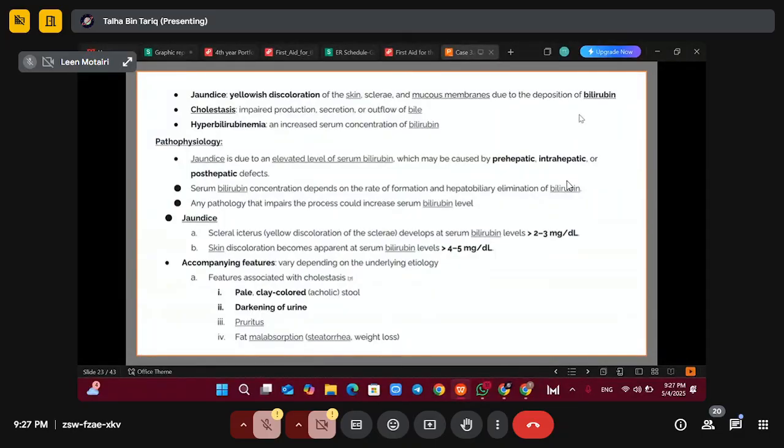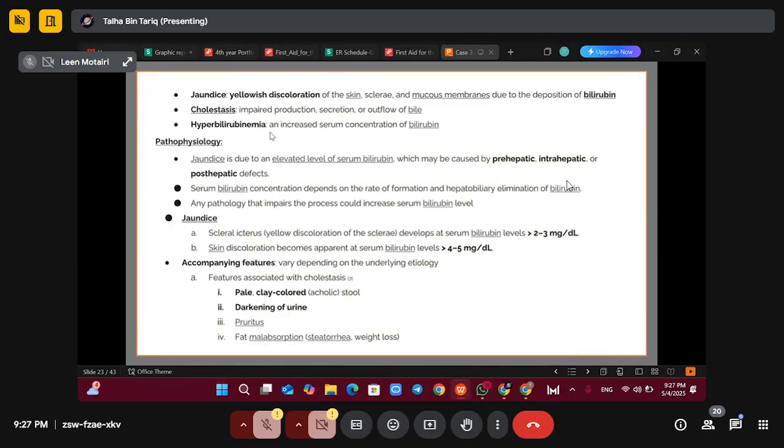Now, we will discuss how you will have increased bilirubin. There can be different causes. Either there can be two things. There can be hyperbilirubinemia. You're making a lot of bilirubin, due to any abnormality, there is increased serum concentration of bilirubin, right? So this bilirubin is depositing and causing jaundice. Or there can be impaired production of bilirubin. For example, cholestasis.